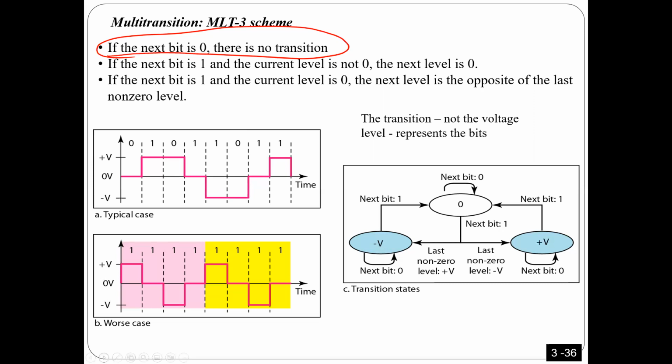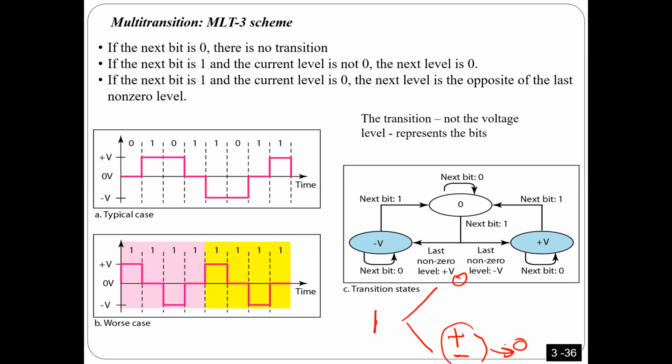This is for the case of 0. The case of 1 is a little bit complicated. If it is 1, now we have two cases: is the voltage 0, or is it positive or negative? In case of positive or negative, I'm going to make it 0.